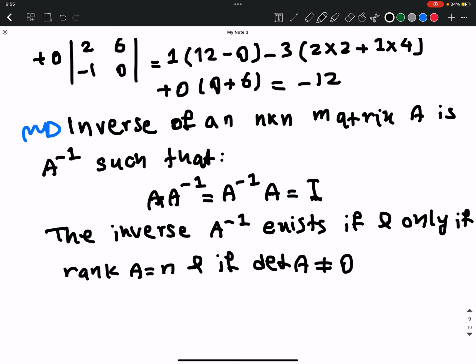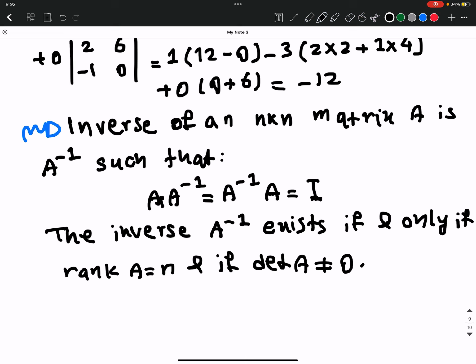I'm not going to prove it, but this is a theorem that you can prove, that this only exists if the determinant of A is not 0. If the determinant is 0, we cannot actually define this and have this inverse matrix. Okay, so this is about some preliminary definitions about matrix operations.